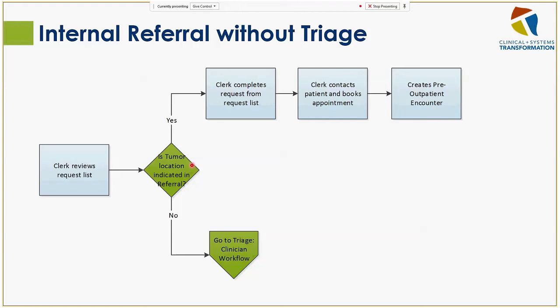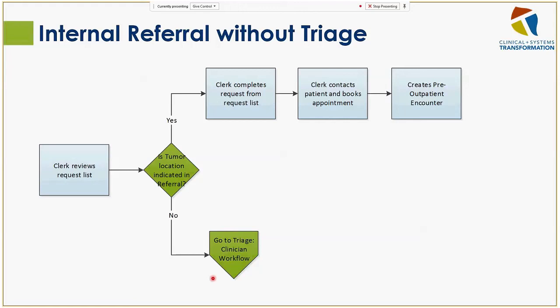Now, if the tumor location is not face up, then my suggestion is it would go to triage for the clinician to review, to go through the chart and make sure it's an acceptable referral or not. Right now, the clerk does have access to case notes, and that's how she learns about the tumor site if it's not indicated on the referral itself.